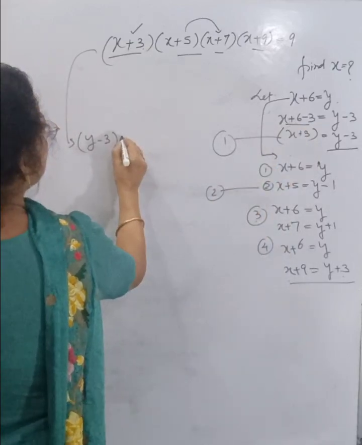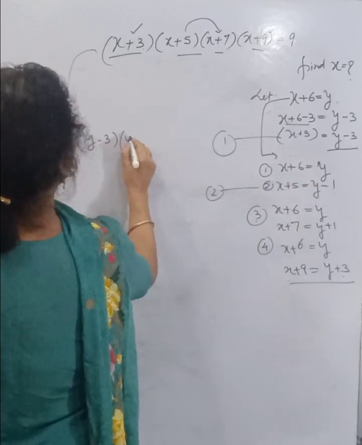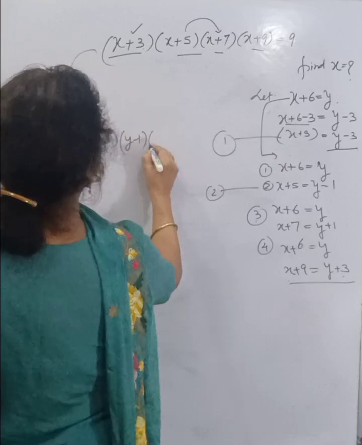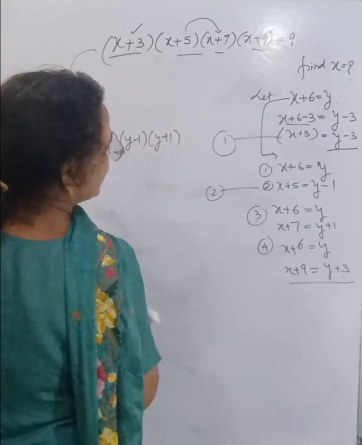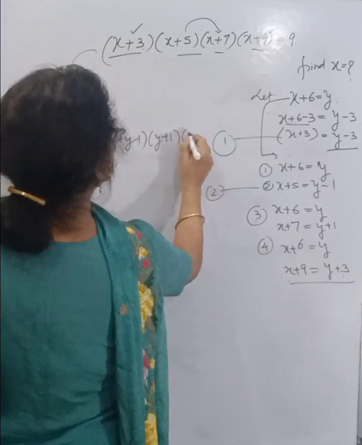In place of x plus 5, we can write y minus 1. In place of x plus 7, we can write y plus 1. In place of x plus 9, we can write y plus 3.